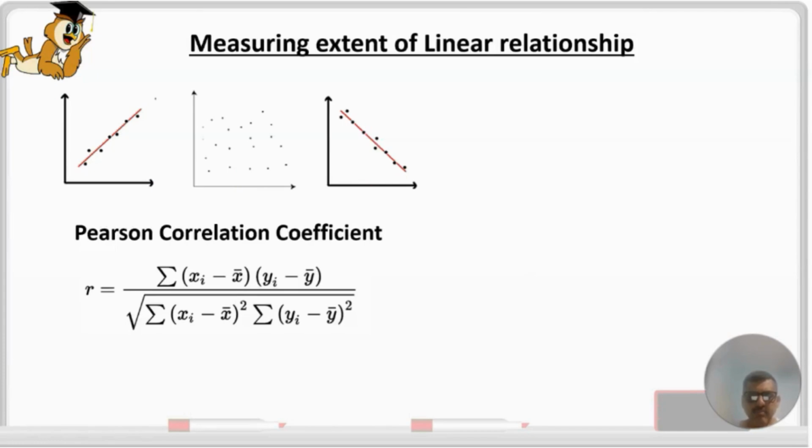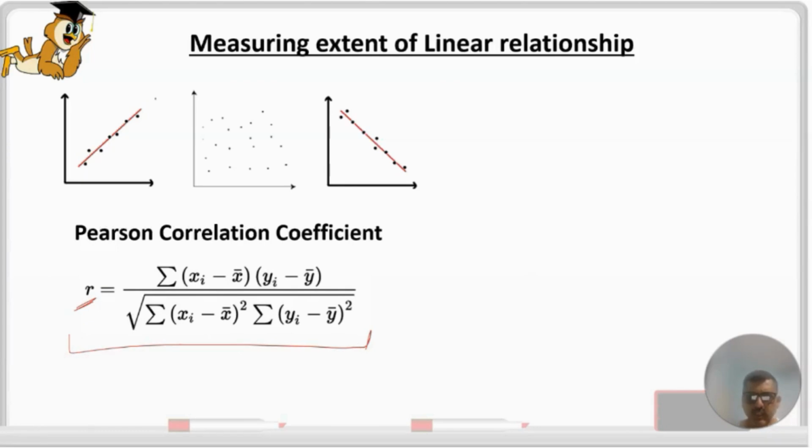That is done by something called the Pearson correlation coefficient, which is defined with this equation. The Pearson correlation coefficient R is given by this formula right here.